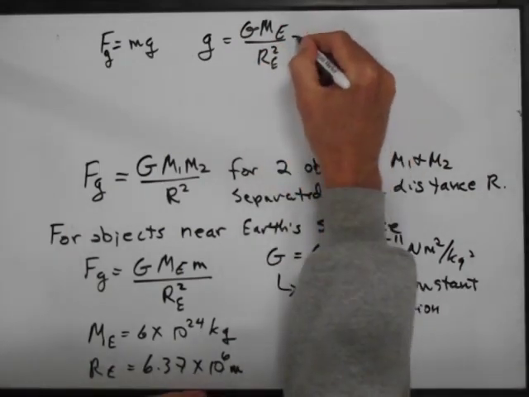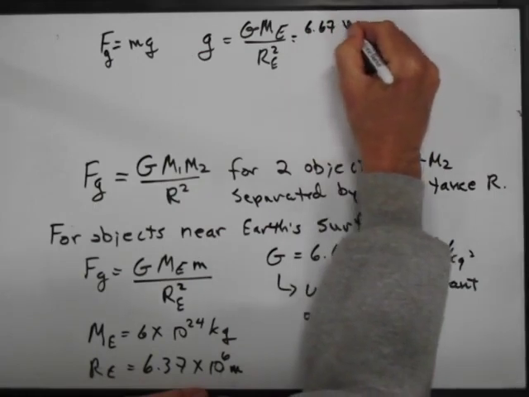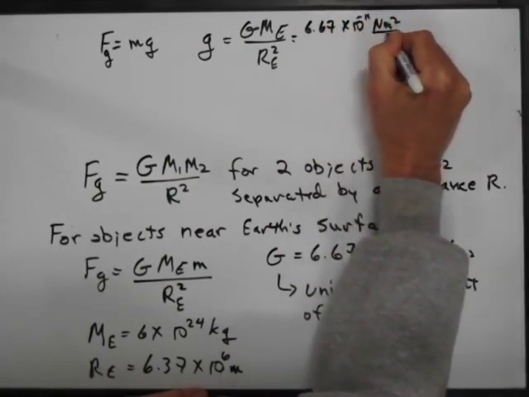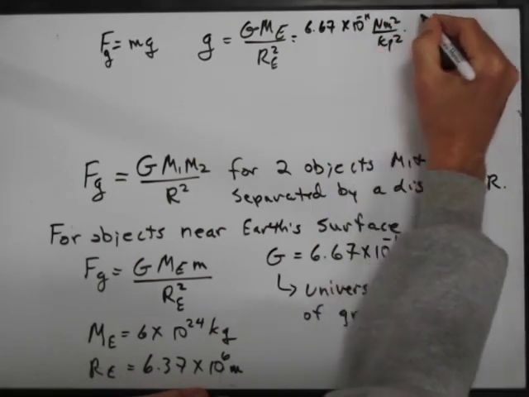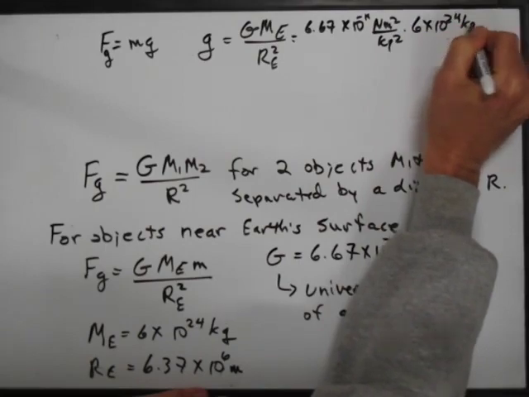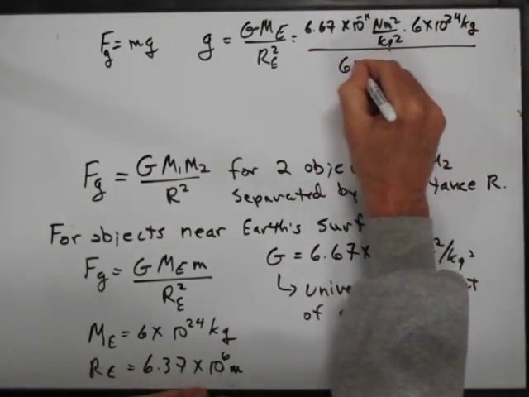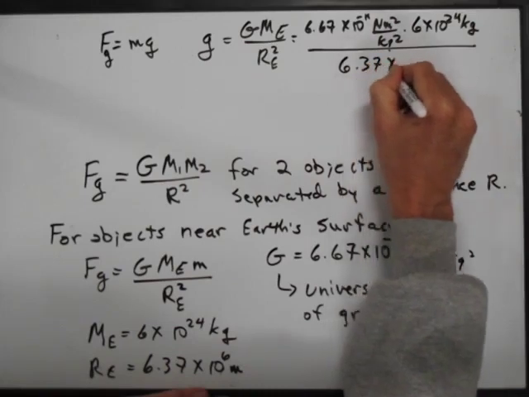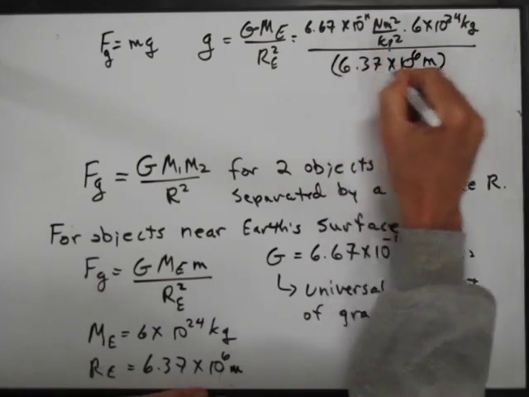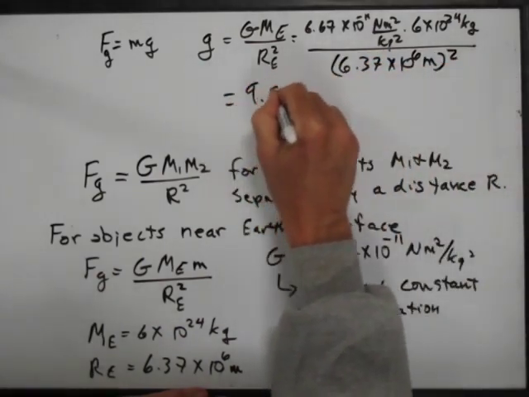Well, if you plug all these numbers in, so 6.67 times 10 to the negative 11th newton meter squared per kilogram squared times 6 times 10 to the 24th kilograms, and divide that by 6.37 times 10 to the 6th meters squared, you get 9.8 meters per second squared.